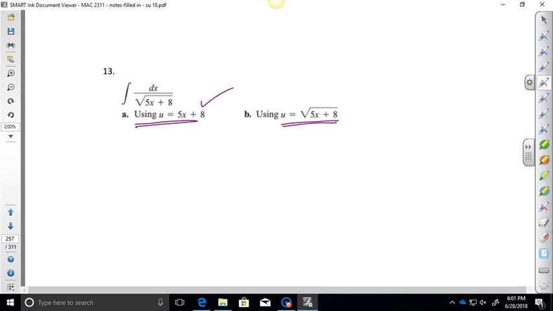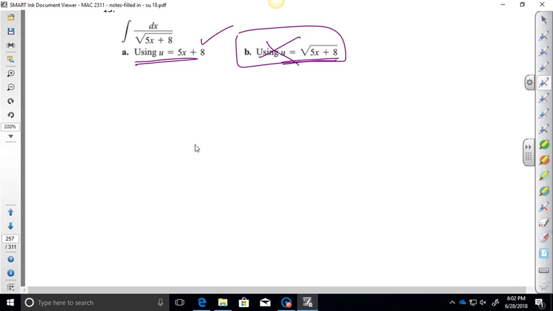A part is the better one. So I don't think we have to discuss B part, because so far we've been saying take the inside of the composite function as u. That doesn't go with this u substitution. So we're going to take u as 5x plus 8, but that is possible, okay? You can use that u too.